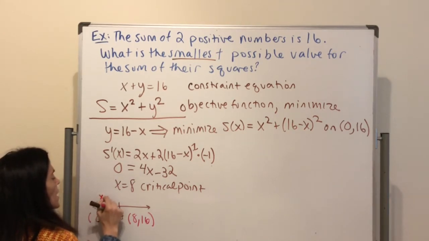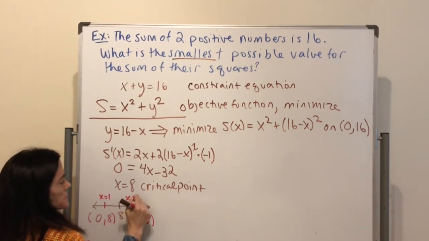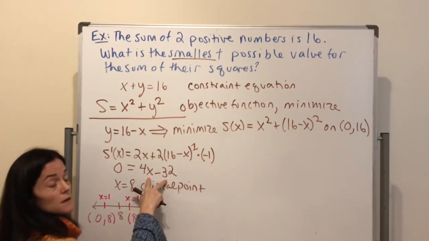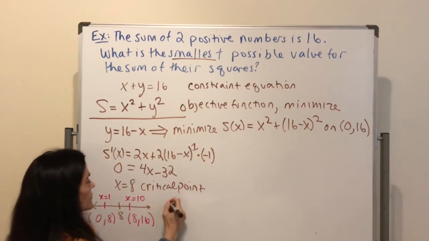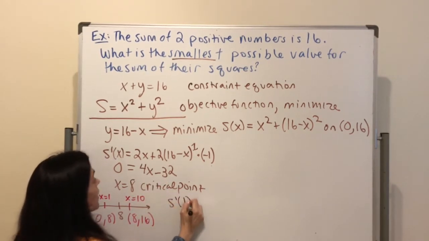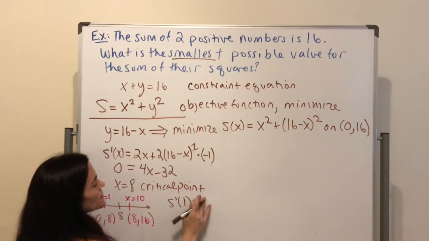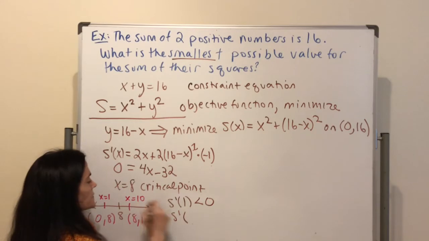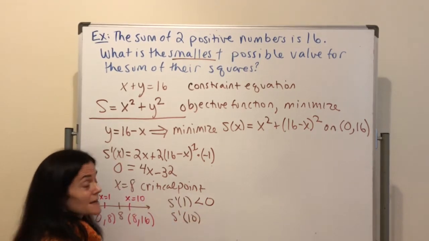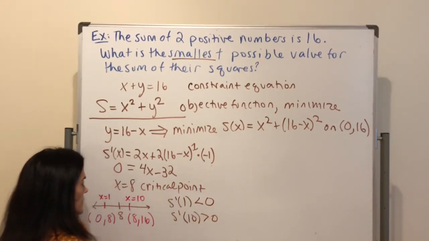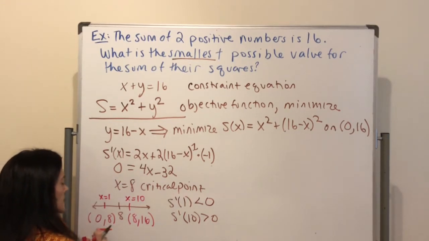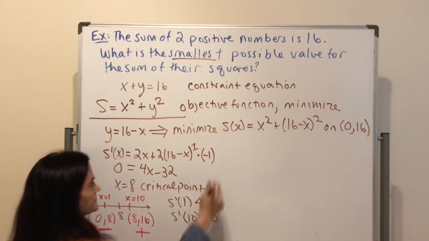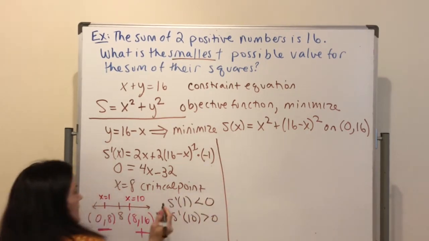I can pick 1, I can pick, say, 10, and then test the derivative. Well, the derivative is quite simple here. It's just a linear function, but s prime of 1 is 4 minus 32, definitely negative. S prime of 10 is 40 minus 32, positive. So this goes minus plus. Okay? Let me move over here.